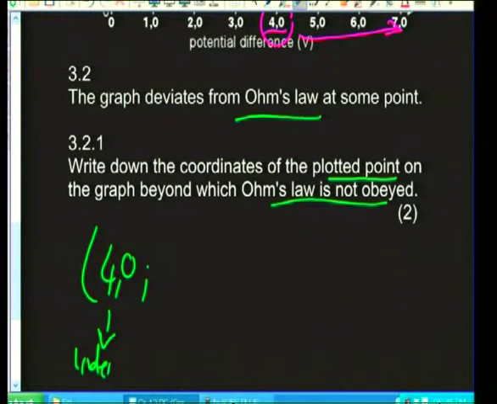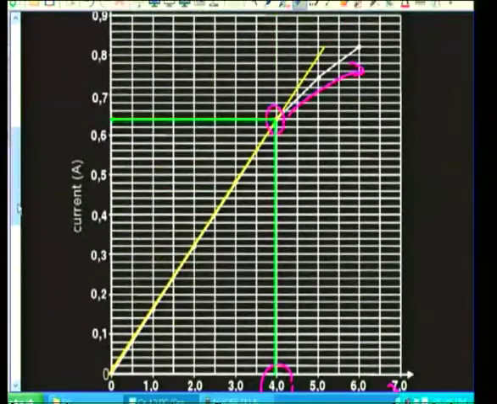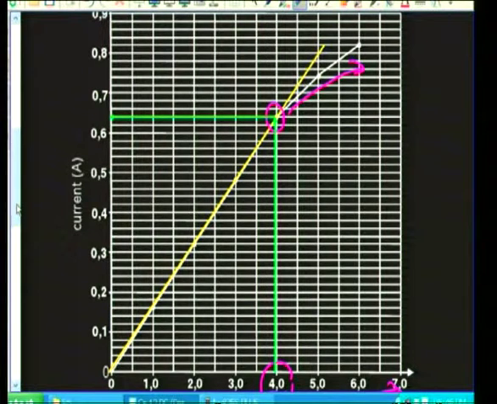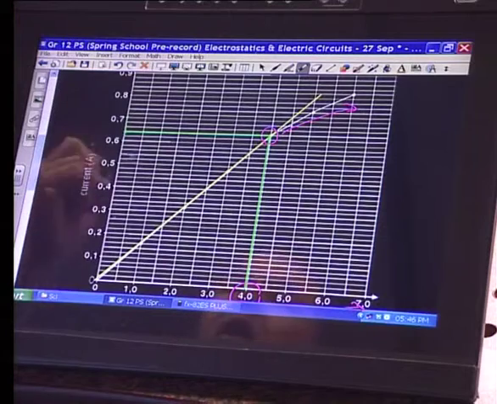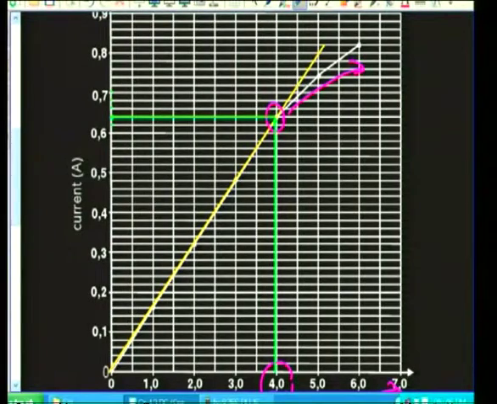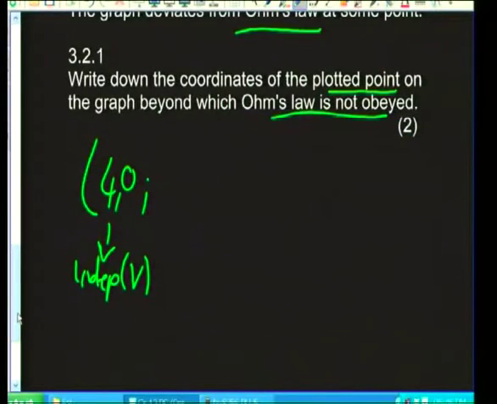That's my independent value, which is for the potential difference measured in volts, and the current value is going to be, look at it, between 0,6 and 0,7, and it goes up in small blocks of, there are 5 small blocks, 1, 2, 3, 4, 5, so it goes up in values of 0,02, so that's going to be 0,04, so the Y value, the current value, is 0,64 amps. This was volts, that was amps, and I think we've got that sorted out.